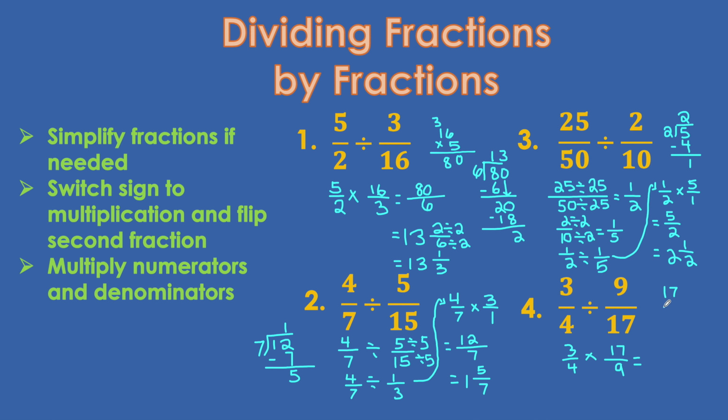17 times 3. 3 times 7 is 21. Carry the 2. 1 times 3 is 3, plus the 2 is 5. Numerator is 51.